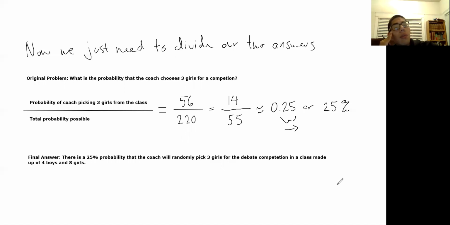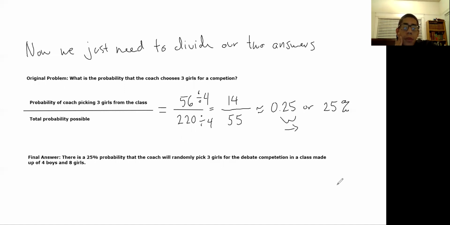If you're wondering what I did to simplify them, I just divided the top and the bottom by the same number, which happened to be 4. If you divide 56 by 4, you get 14. 220 divided by 4, you get 55.